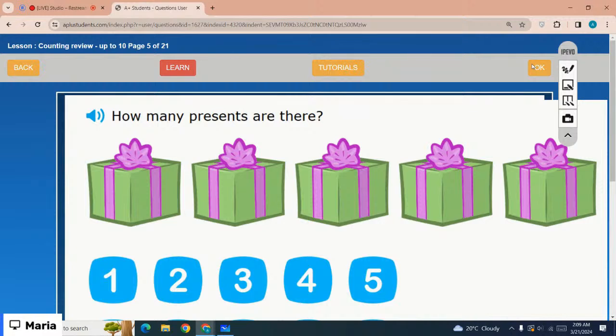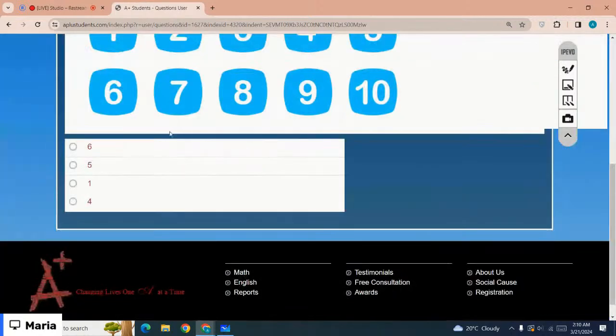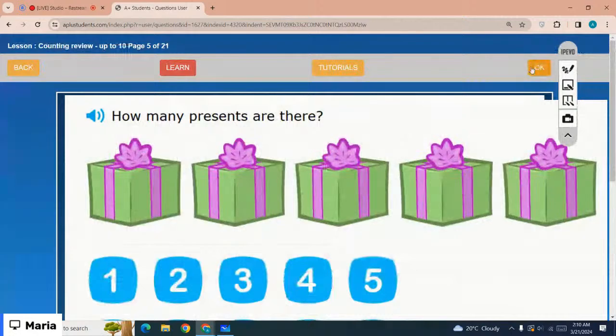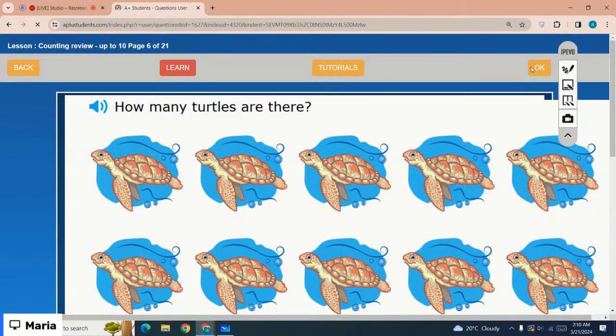How many presents are there? Which is the correct option? The correct option is 5 presents, right? The correct option is 5. Very good. You can write the answers once. I can read your messages when you write it once.